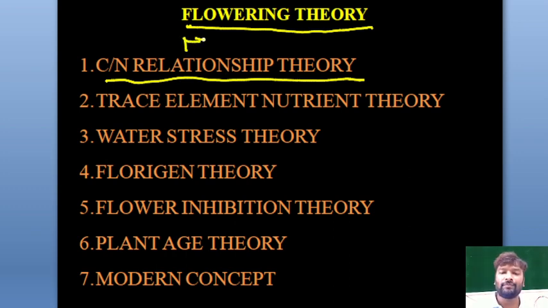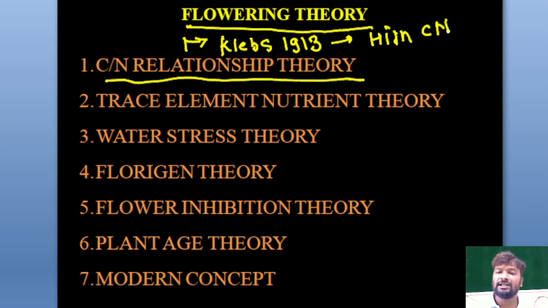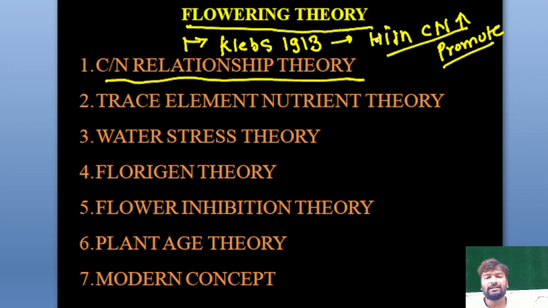This theory was given by Kraus and Kraybill in 1913, and according to this theory, a high C/N ratio promotes flowering. So what does this theory say? This theory says that a high ratio of carbon to nitrogen promotes flowering.